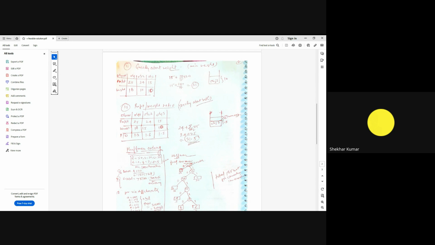Huffman coding is a lossless data compression algorithm. If you want to decode your message, then you use Huffman coding algorithms. The idea is to assign variable length codes to all the input characters, and the lengths are assigned on the basis of the frequency of the characters.